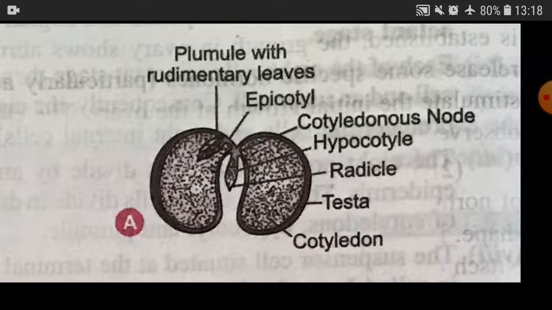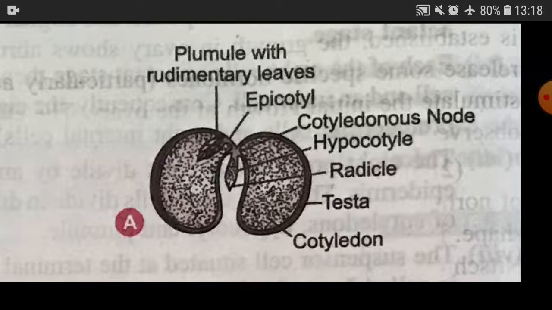Non-albuminous seeds have no residual endosperm as it is completely consumed during the embryo development, for example in pea or groundnuts. Albuminous seeds retain a part of the endosperm as it is not completely used up during the embryo development, for example wheat, maize, barley, castor, sunflower.